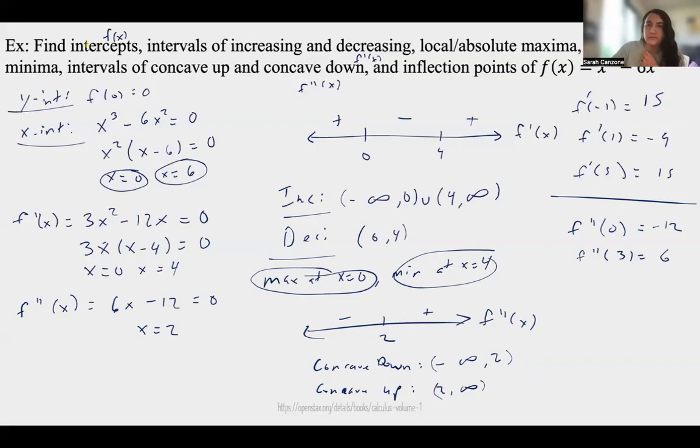Let's see here. 2 cubed is going to be 8. So f at 2 is 8 minus 6 times 4, which is 24, which is going to be negative 16. So we have an inflection point at 2, negative 16. All right. We know it's an inflection point because our concavity changes here.